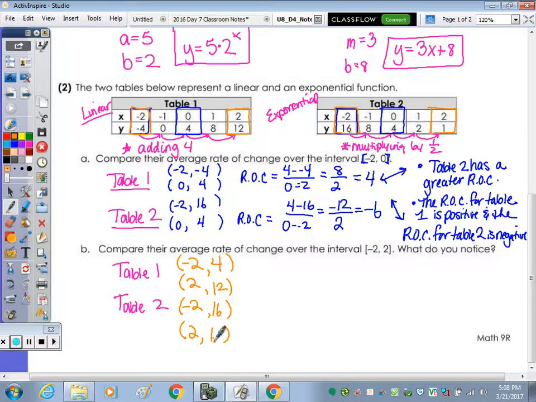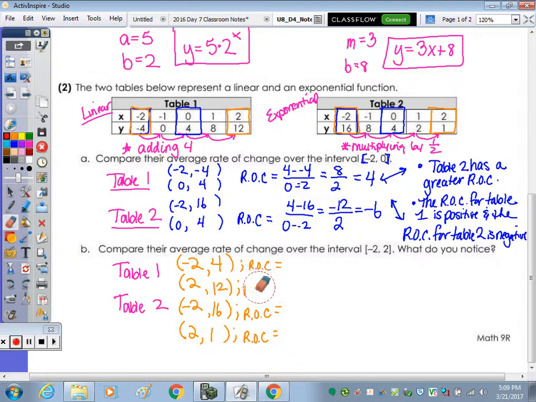So calculating the rate of change, let's write the fractions for each and simplify them all at the end. Whoa, I actually don't need 4 rates of change.